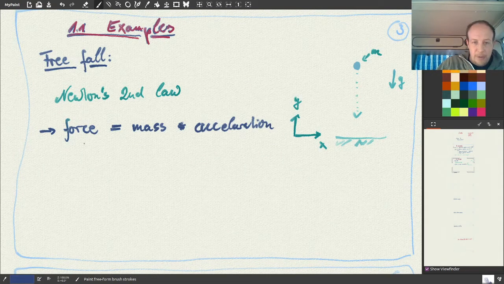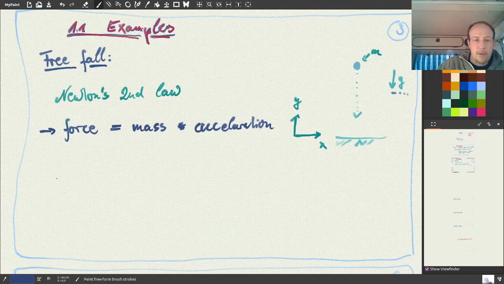So here this will be the force. Force will be linked to here. Here that's the force that acts on the ball. And mass will be the m here, and acceleration is how this ball will accelerate.